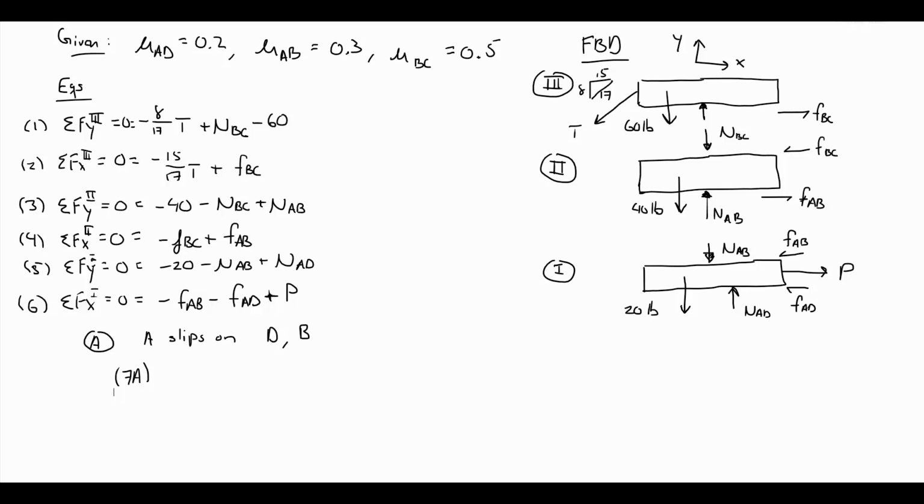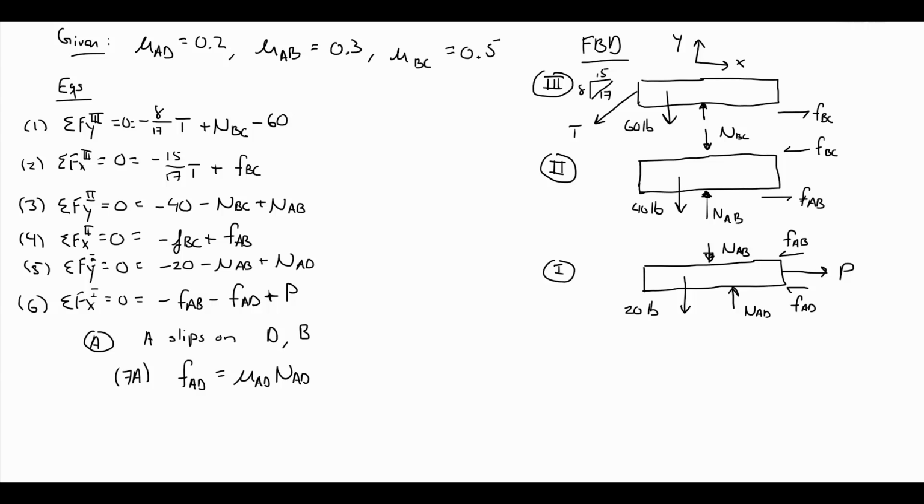So what has to occur is that both of the friction forces at those surfaces have to be at their maximum value. So that means that FAD, in order for this to just be on the verge of slipping relative to the ground, must be at its maximum. And I can say here, FAD is equal to mu AD times NAD.